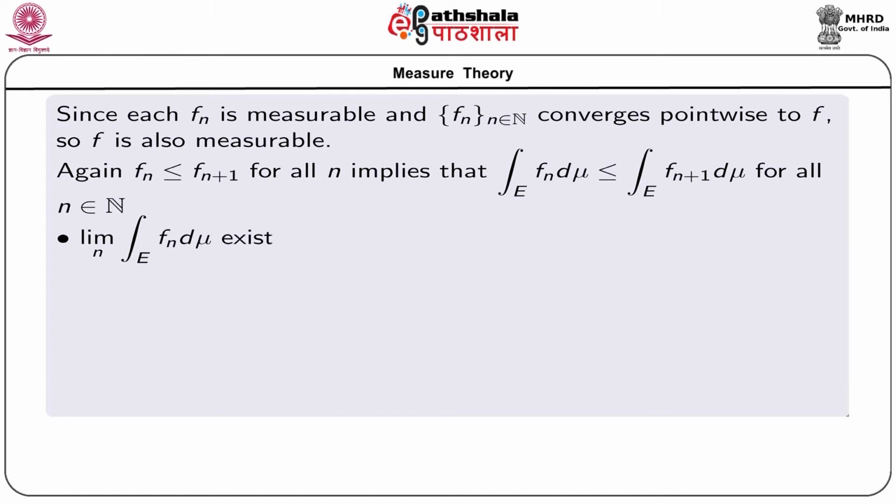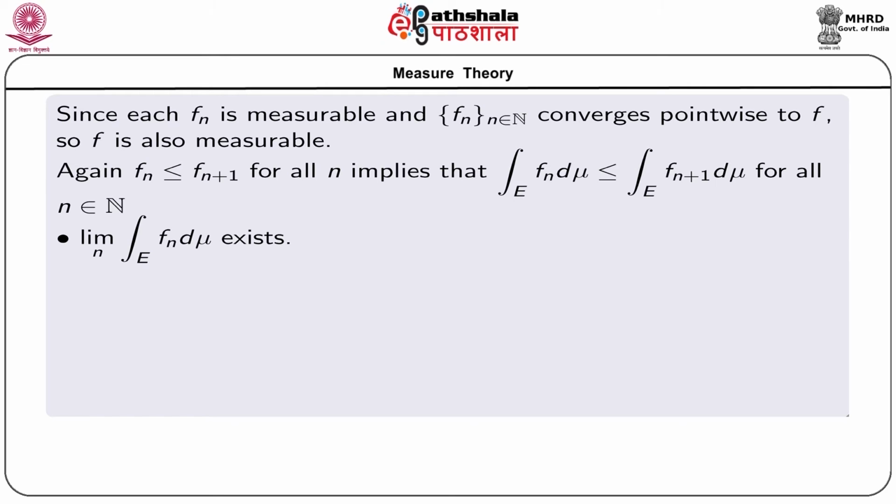So, if we consider the sequence of the values of the integrals, integral Fn over E dμ, this is a monotonically increasing sequence of real numbers, and we know that a sequence of real numbers, if it is monotonically increasing, then its limit always exists, either it is equal to infinity or it is equal to a finite number.